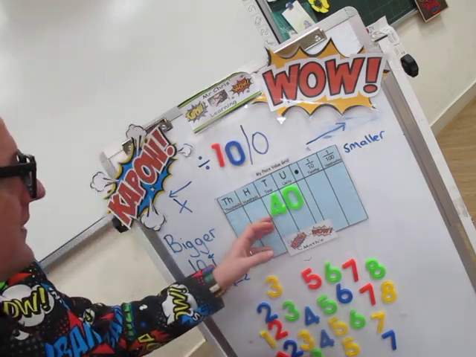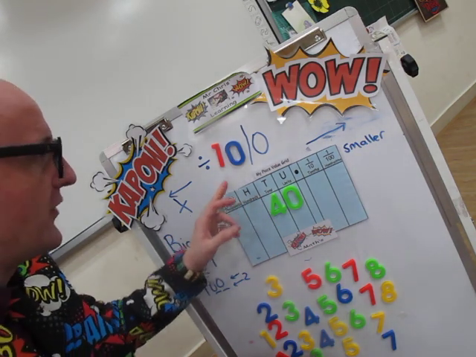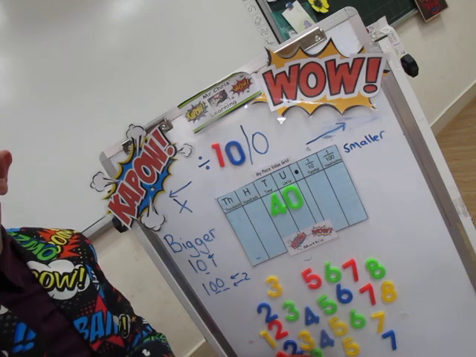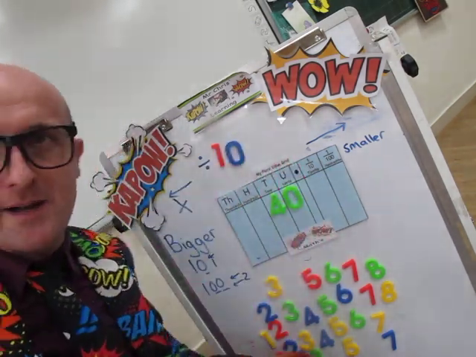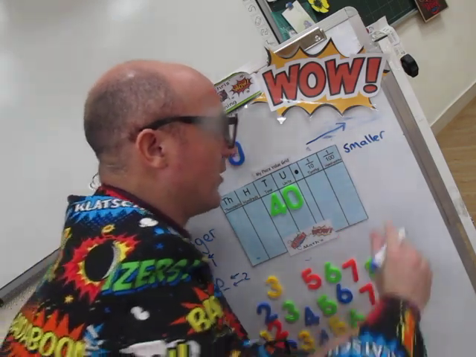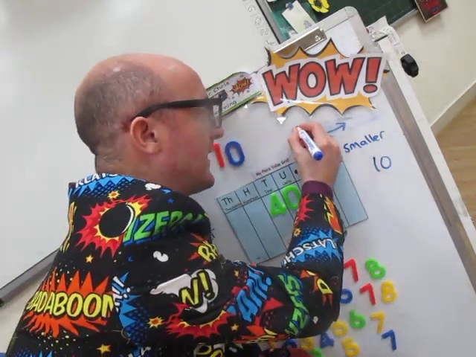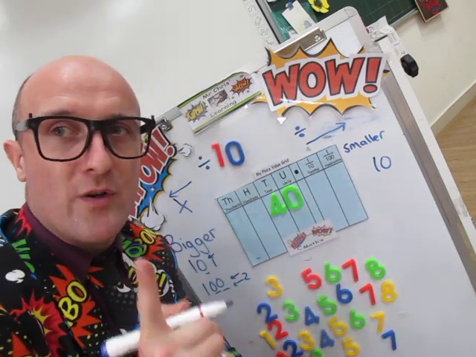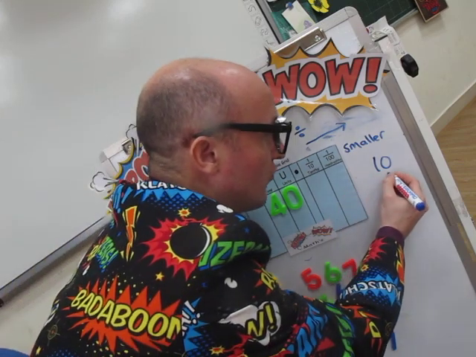So if I have 40, now we've got a 10, I'm going to say 40 divided by 10. Let's have a look at dividing by 10 first. 40 divided by 10, we're going to move one place, and we've got a 10, so we're moving to the right because it's getting smaller. It's got 1 zero, so we're not going to go one place to the left, we're going to go one place to the right.